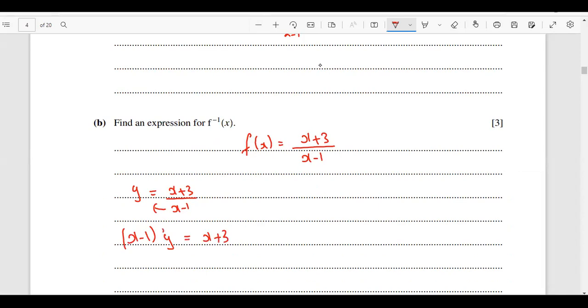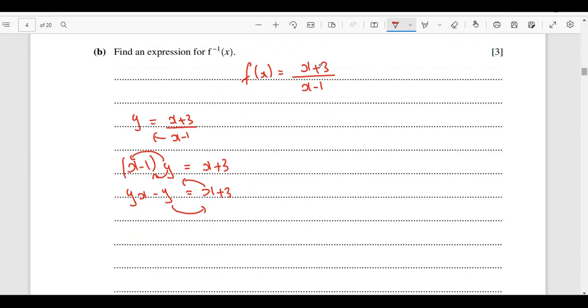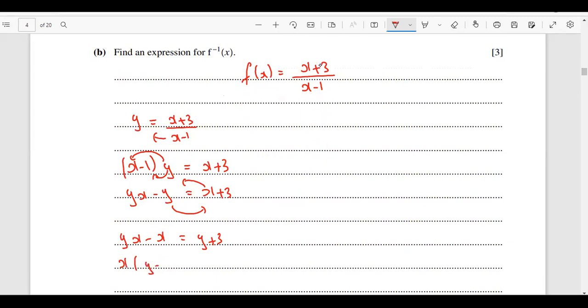I'll multiply y with x and with 1. Yx minus y equals x plus 3. I'll take this x to the other side and minus y to this side because I'm trying to make x the subject. Yx minus x equals y plus 3. I'll take x common. X times y minus 1 equals y plus 3.